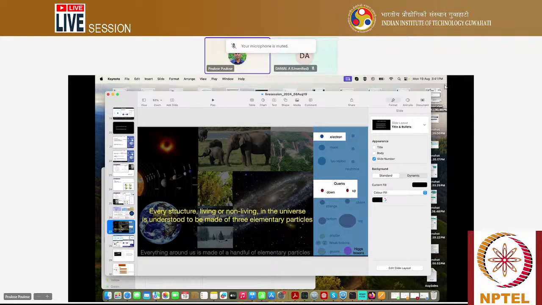But they don't exist there forever or for a long time. They just decay. The ones that can survive for a long time, the 13.8 billion years of the age of the universe, are the combined states of these three elementary particles. That's something which is truly amazing in my opinion.